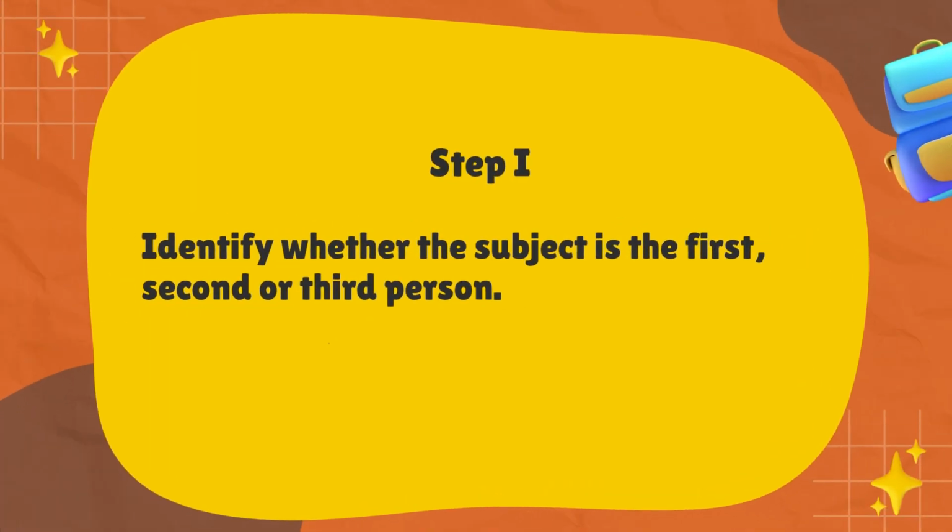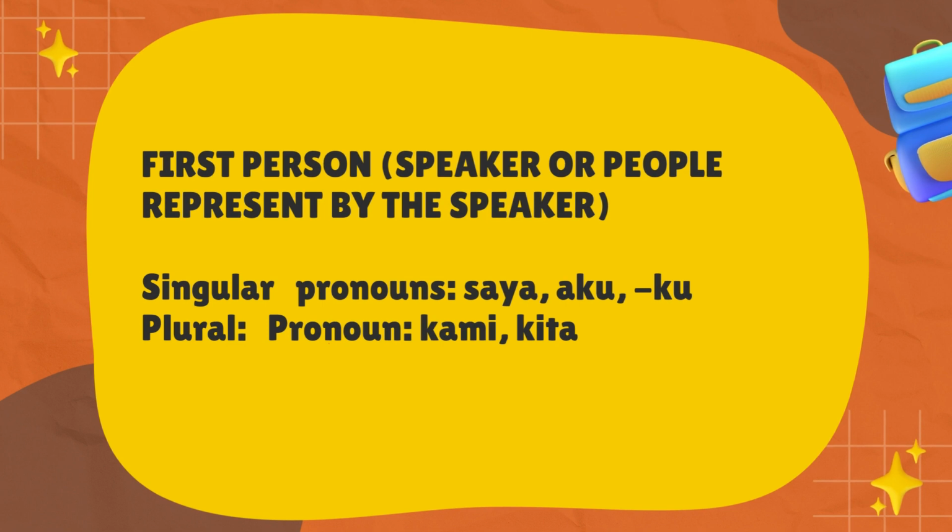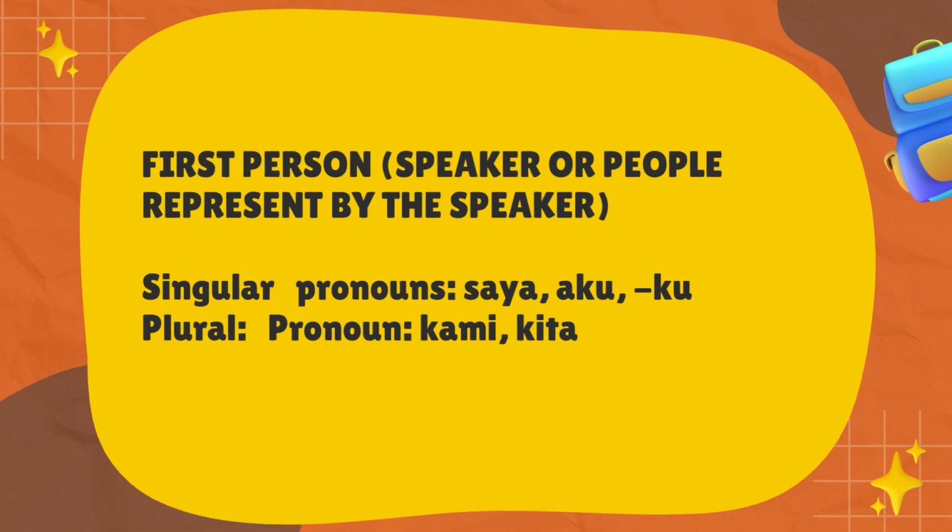Step 1. Identify whether the subject is the first, second, or third person. First person. Speaker or people represented by the speaker. Singular pronouns. Saya, aku, ku. Plural pronouns. Kami, kita.